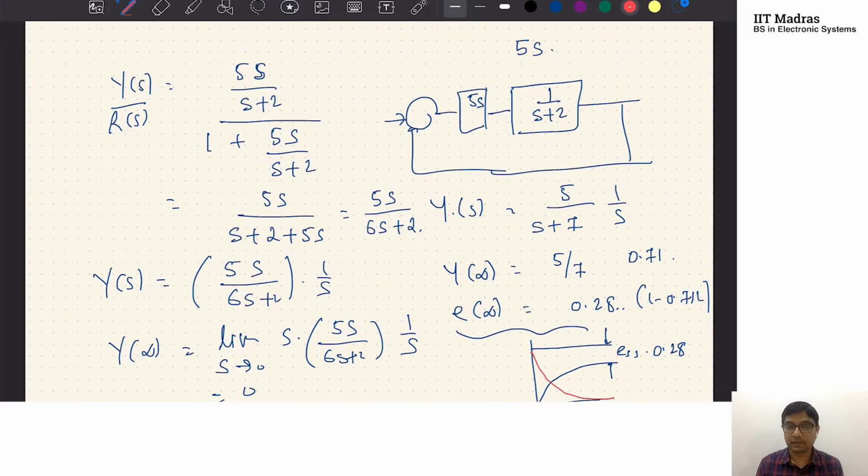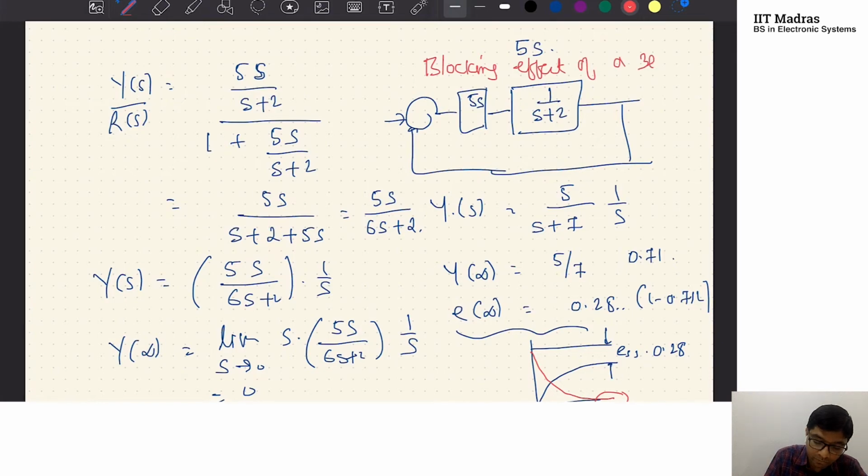When I did nothing, I just added a 0, and something strange happened. The system, which had a steady state error of 0.28, was actually going to 0. So this is also called the blocking effect of a 0 at s equal to 0. And this is just the derivative component.